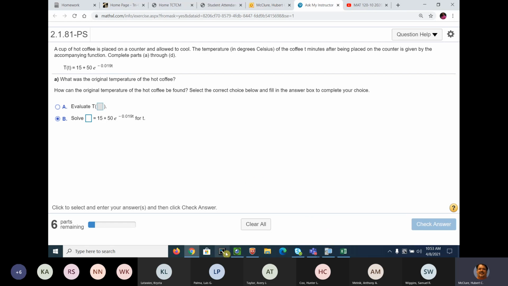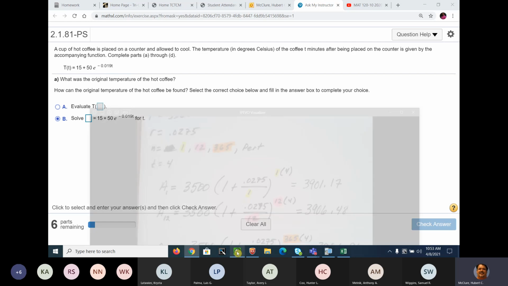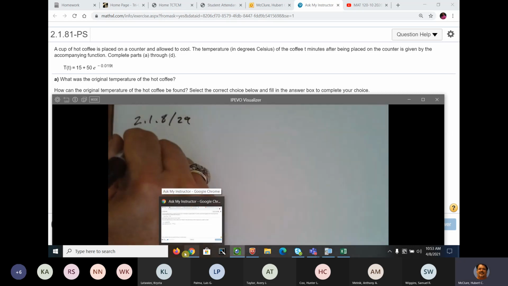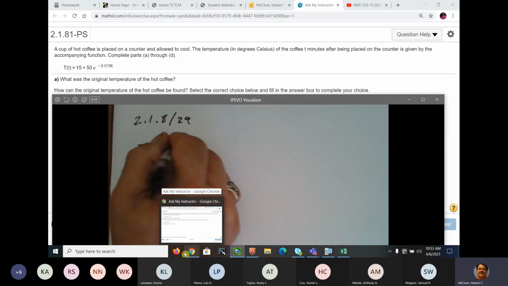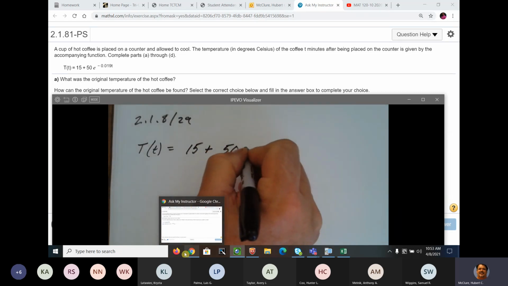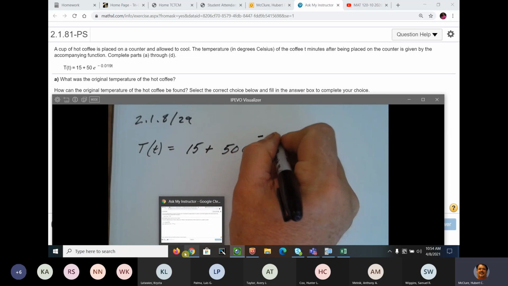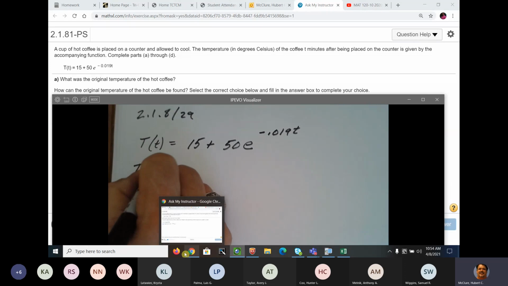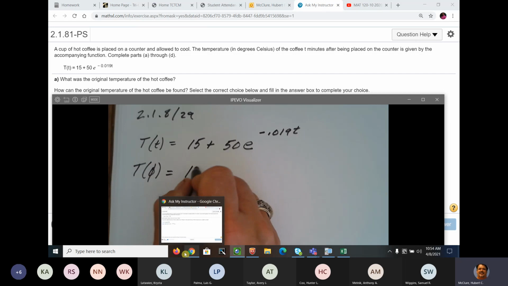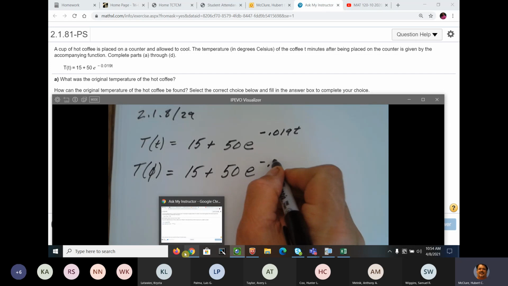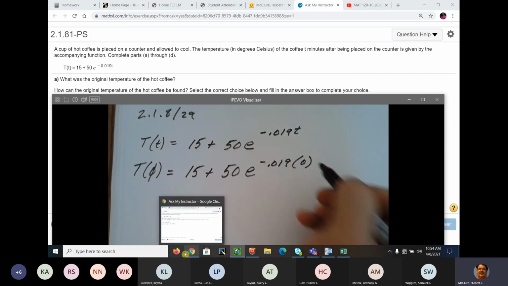So in this case, T of t is equal to 15 plus 50 e to the negative 0.019t. And T of 0, which would mean you just put it on the counter, is equal to 15 plus 50 e to the negative 0.019 times 0.